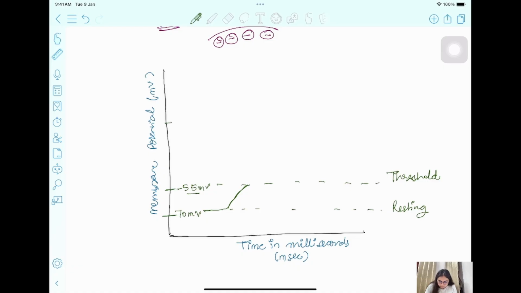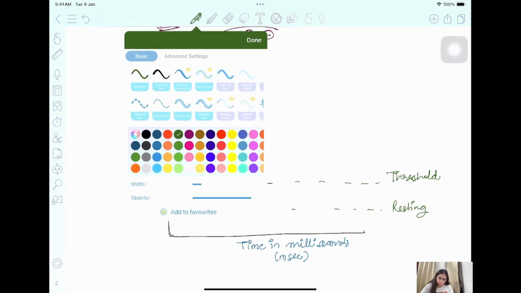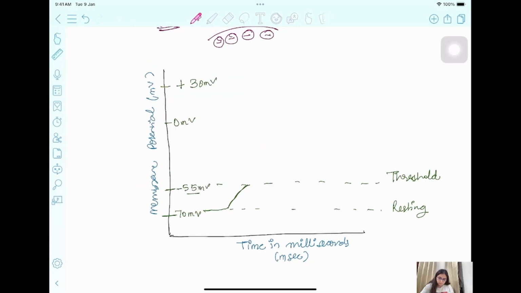Then it reaches a plus 30 millivolt stage, something like this.